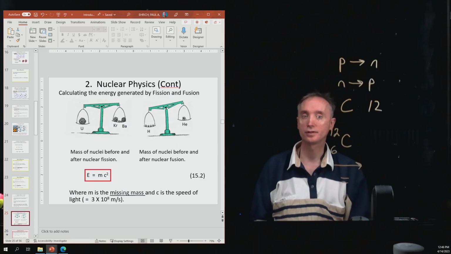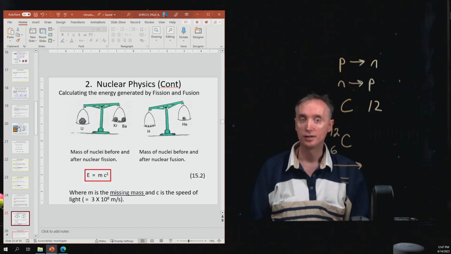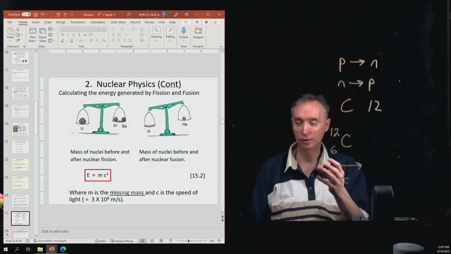Okay, and now let's calculate the amount of energy released in a nuclear reaction. So this could be either nuclear fission or nuclear fusion. Both instances use the same formula, E equals mc squared. After a nuclear reaction has occurred, the leftover pieces, when you add them all up, are less than the original stuff that you began with.